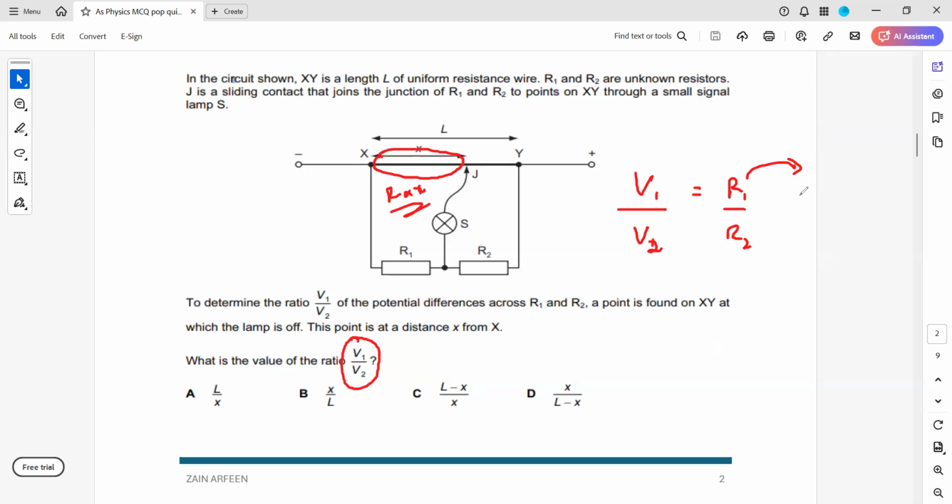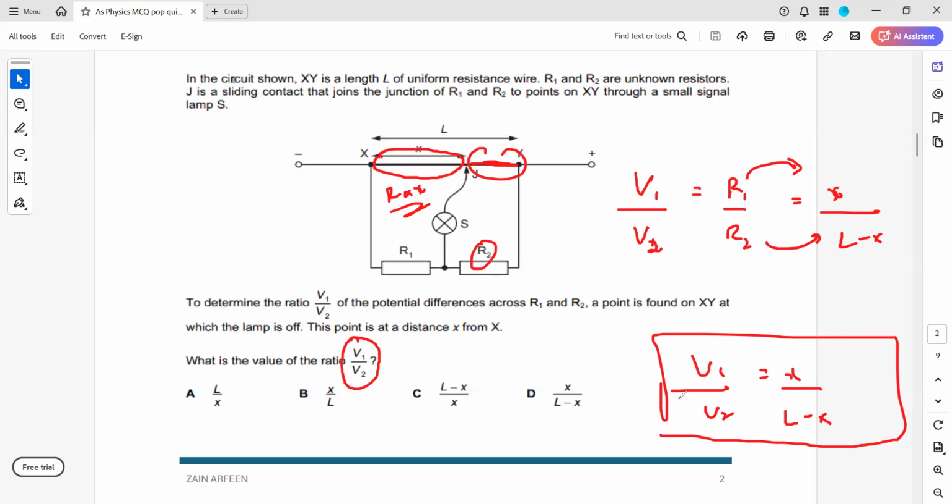So R1 is proportional to X. And what about R2? This resistance is R2, so it is proportional to the length of this section. What about the length of this section? Total is L, and here is X, so this will be L minus X. So we can say V1 over V2 is equal to X divided by L minus X.